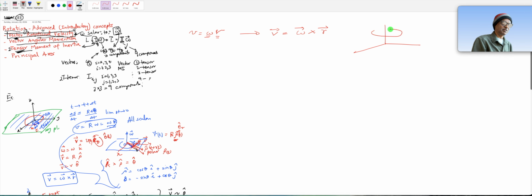We talked about this guy going in a circle, and this is a point mass m, and this is the origin. From here to here is vector r, and rotational velocity is pointed along the axis of the rotation.